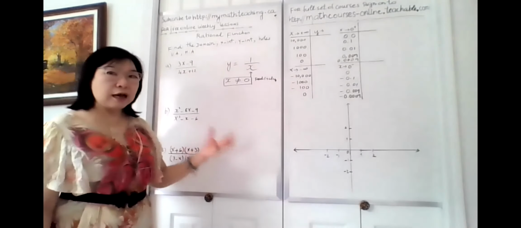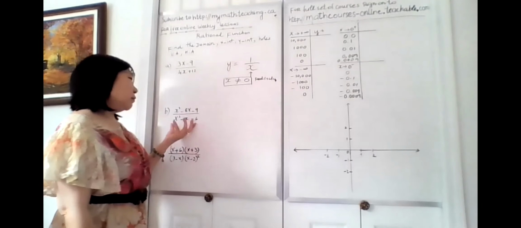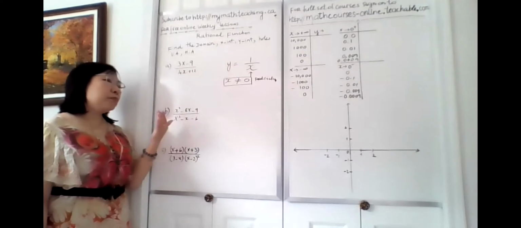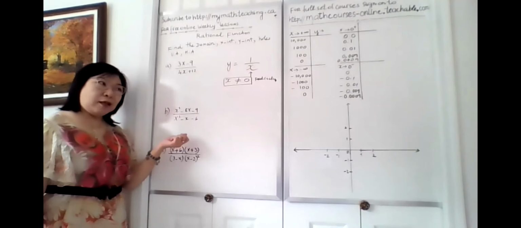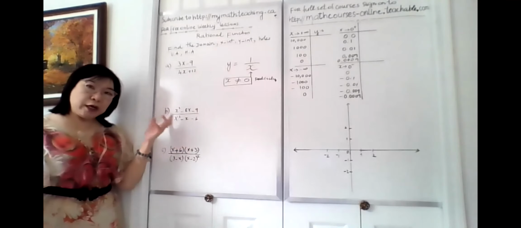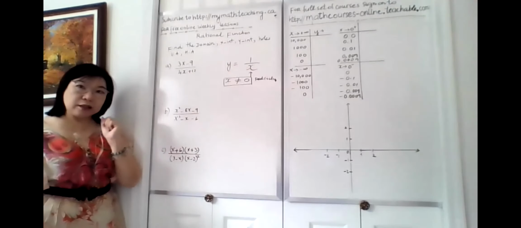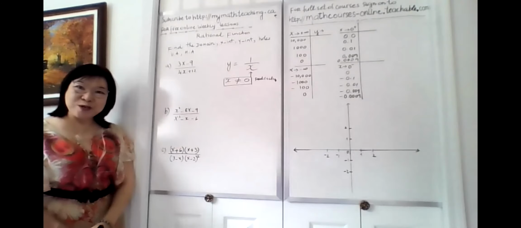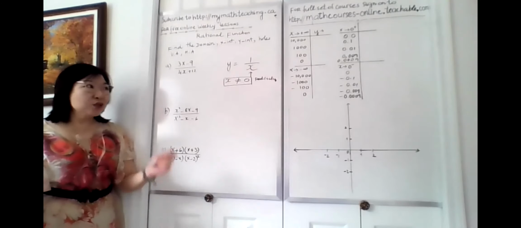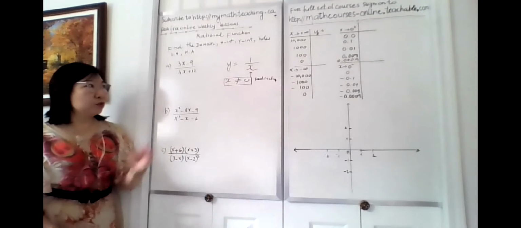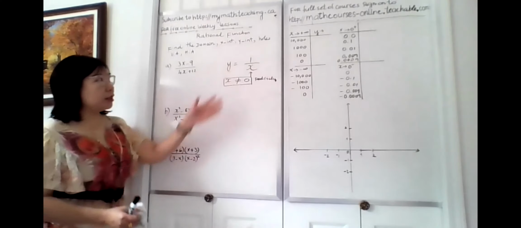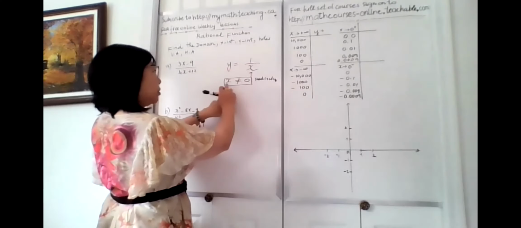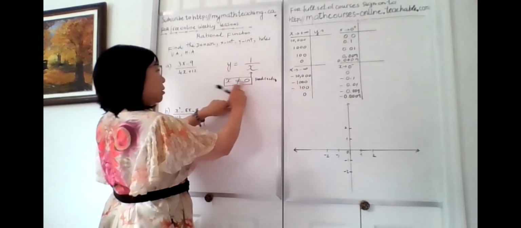We cannot allow whatever value of x to make the whole expression down here become 0. And therefore, we will aim for it in the next task I'm going to show you here. So let me go back to the basic function, y equals 1 over x. We state the restriction, we say x cannot be 0.